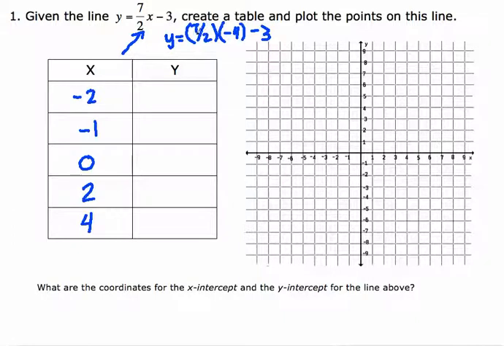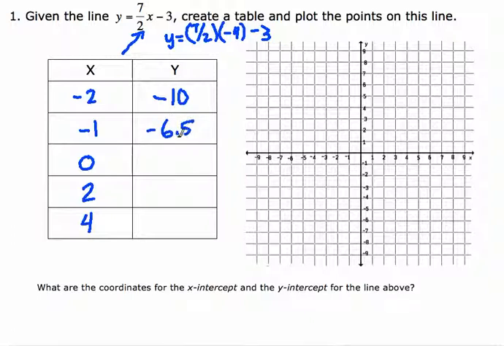So when I put in -2 instead of -4, I'm going to get out a -10. When I put in -1, I'm going to get -6.5.